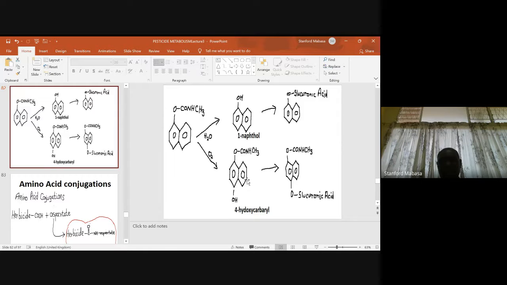Or it can form the glucuronic acid via this bond here. If it was in plants, it was going to be attached to the glucose, but in animals or insects, carbaryl could be attached to the glucuronic acid.